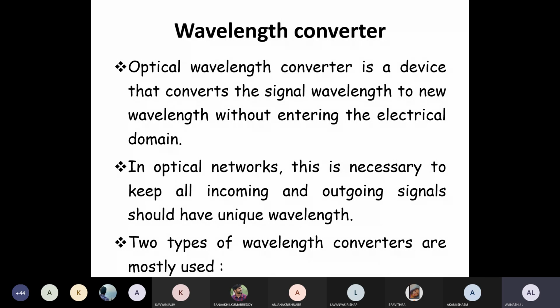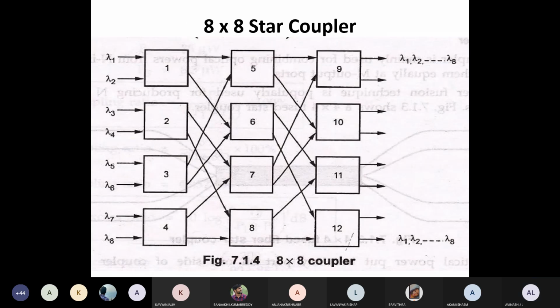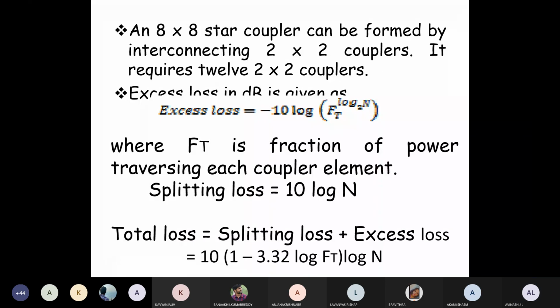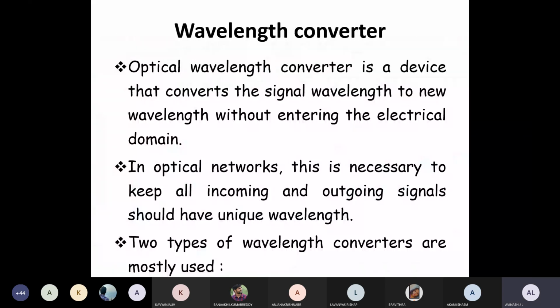The first one is the 8x8 star coupler, and 2x2 couplers. We have seen 2x2 couplers, and we will be studying the 8x8 couplers.